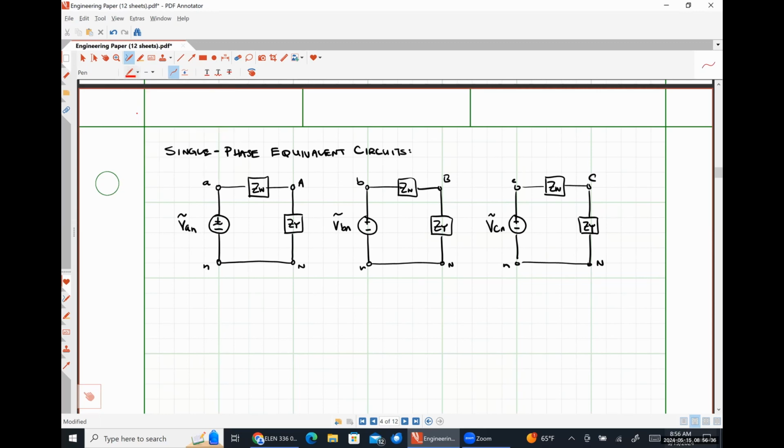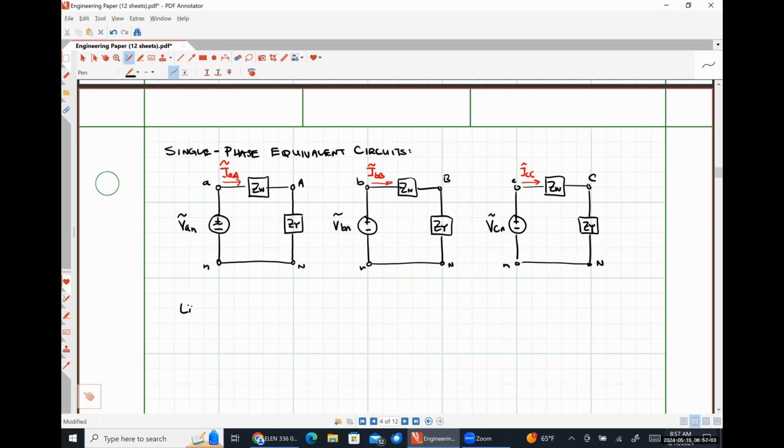I think we could all figure out how to determine a line current. So IAA or IBB or ICC should be pretty straightforward.